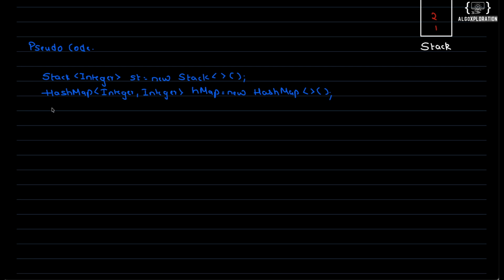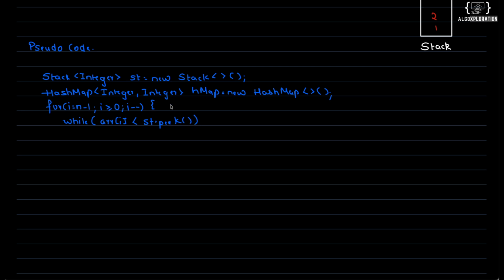Now I will have a for loop in which I will be running from n-1 down to 0. Now first I need to check while array of i is lesser than the top of the stack.